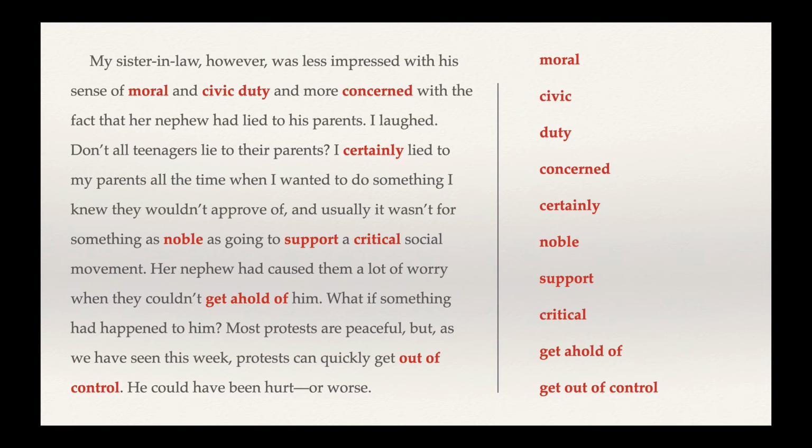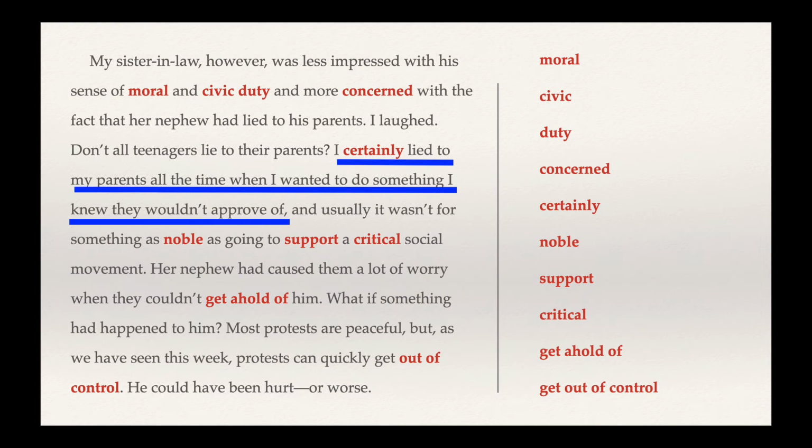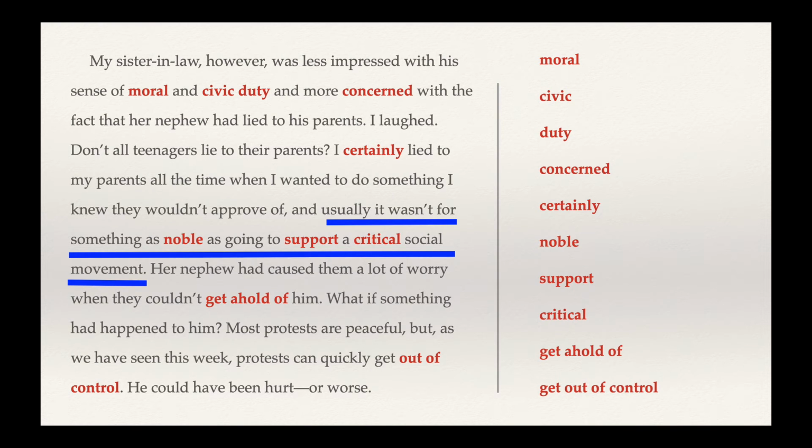I certainly lied. So certainly, we have an adverb here that means really, I really lied to them. It means yes, indeed, I did. This sentence is kind of complicated. The speaker is saying that she lied to her parents, and it wasn't for something as noble as what the nephew did, which was supporting a critical social movement.